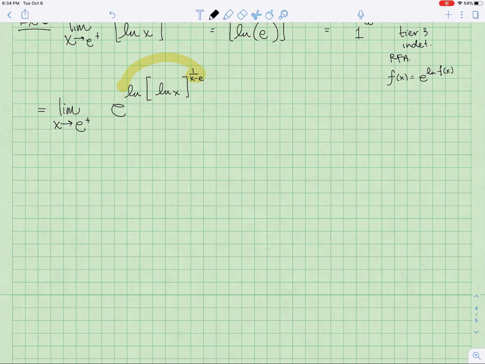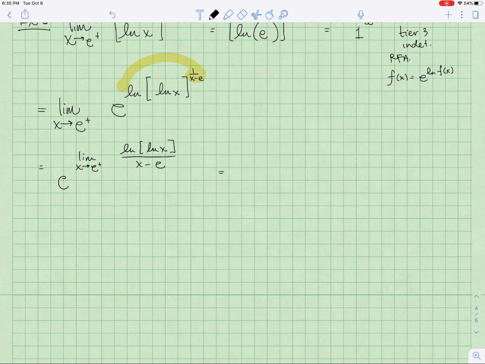And we're going to do two things here. The first thing I'm going to do is run that limit up into the exponent of our function here. And the other thing I'm going to do is bring down that power as a coefficient. So this becomes the natural log of the natural log of x over x minus e.